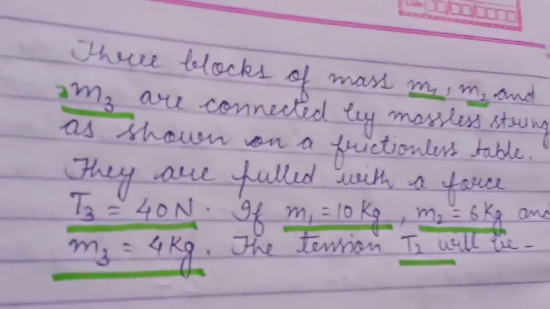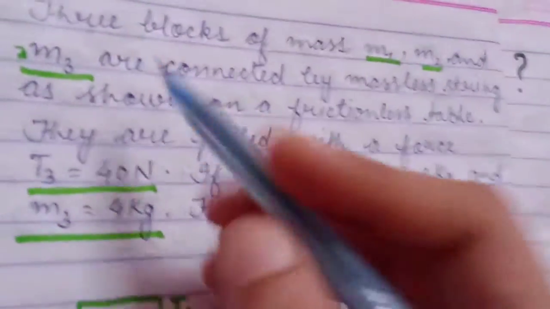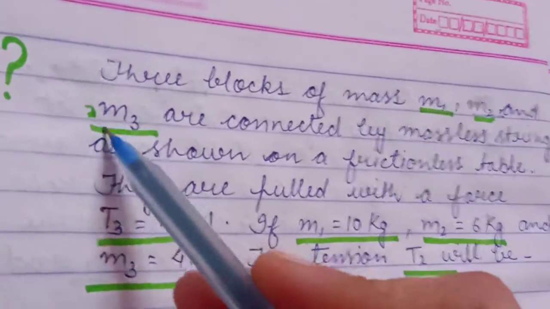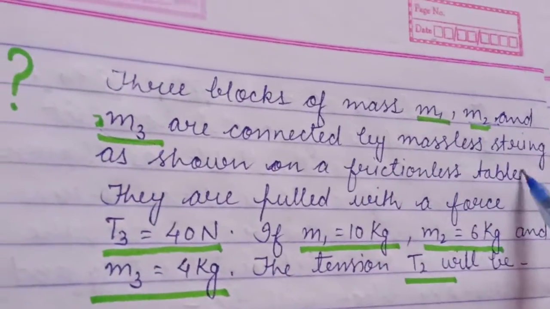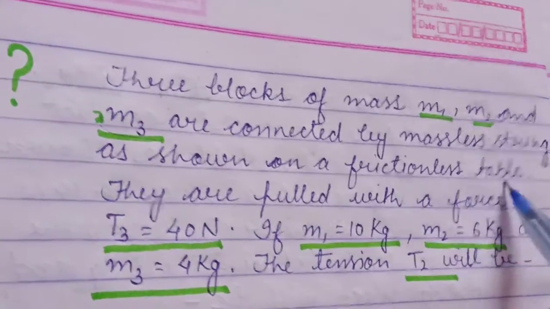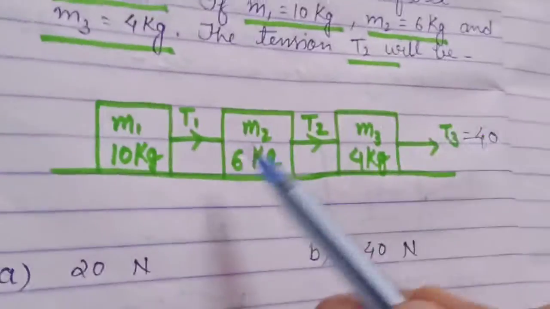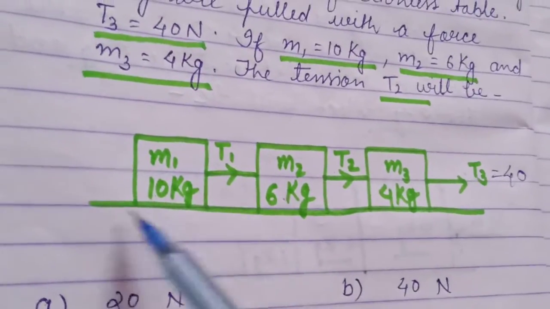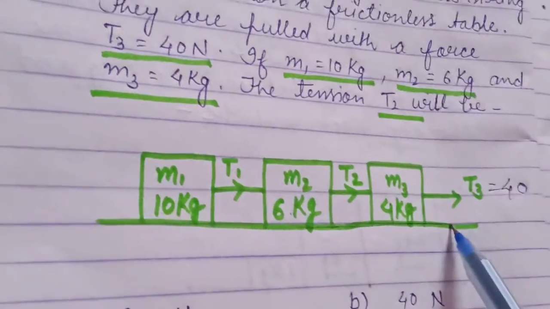First we read the question carefully and then solve it. Three blocks of mass m1, m2 and m3 are connected by massless string as shown on a frictionless table. That is 10 kg, 6 kg and 4 kg are connected on the frictionless table.